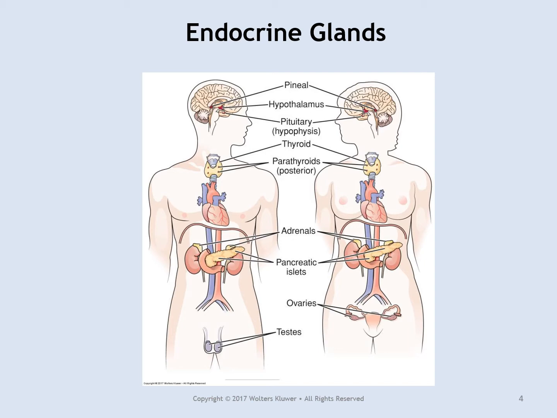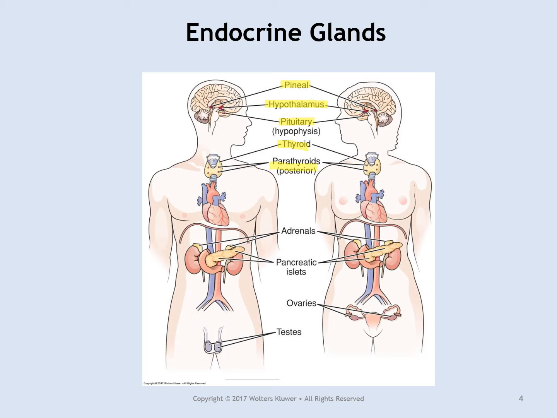So in the brain, you have the pineal gland, the hypothalamus, below that, and we'll move down the body, the pituitary or hypophysis. Into the neck, we have the thyroid gland, this butterfly-shaped structure in the neck, and the parathyroid are some little red dots here.